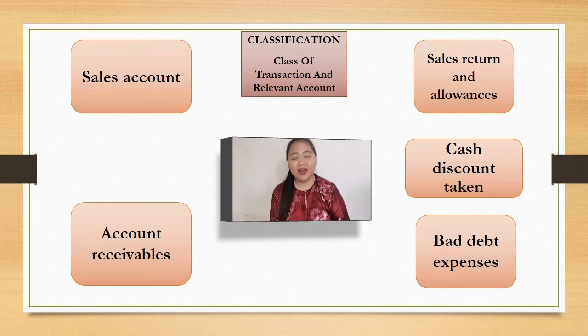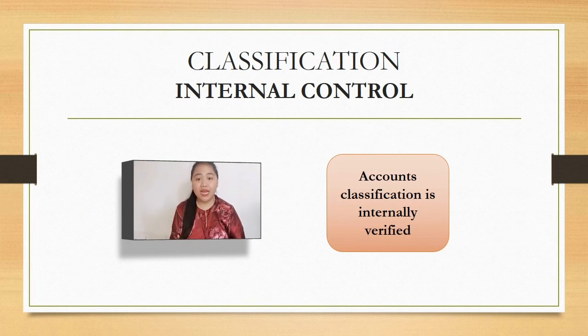There are 5 classes of transaction and relevant accounts for the classification assertion: number 1 is sales account, number 2 is accounts receivable, number 3 is sales returns and allowances, number 4 is cash discount taken, and the last one is bad debt expenses. Now we move to the classification internal control, where account classification is internally verified.